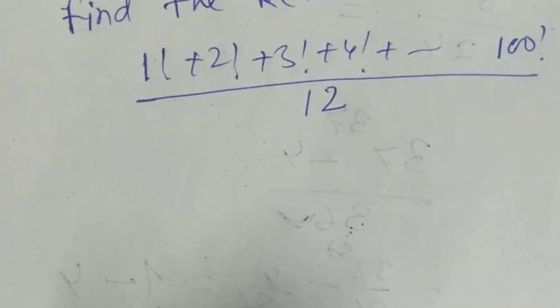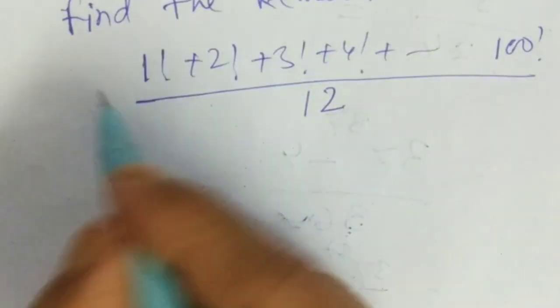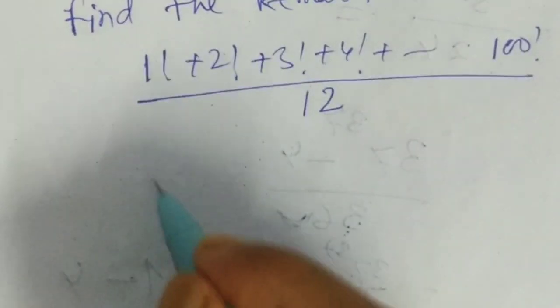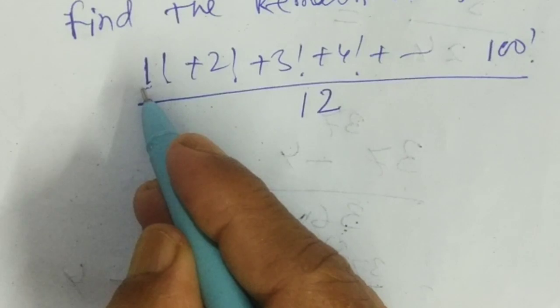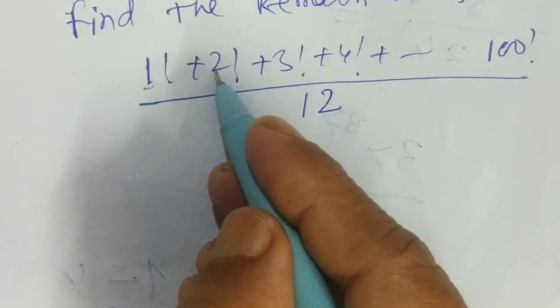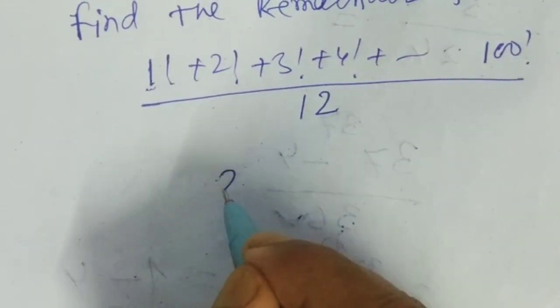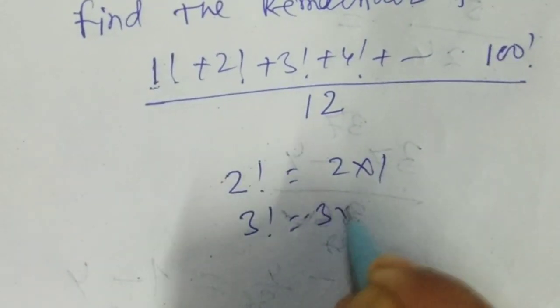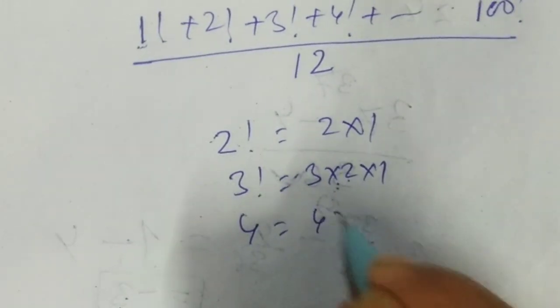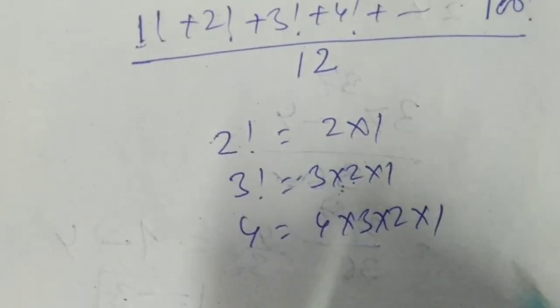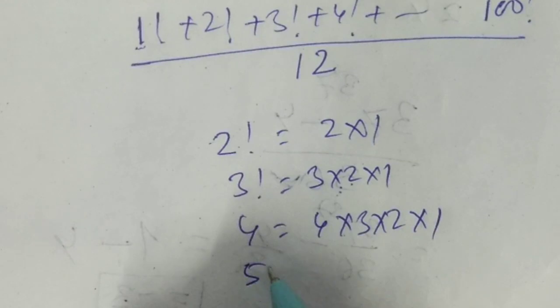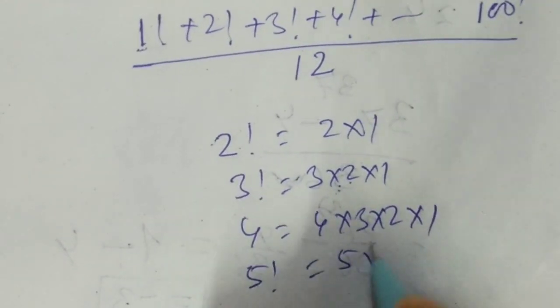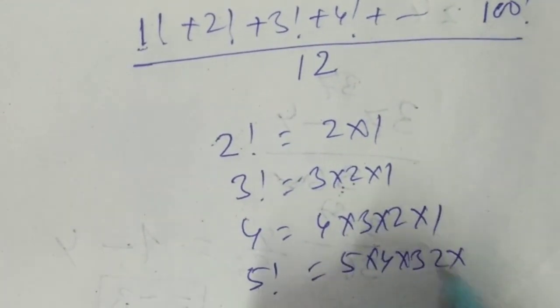What is the remainder? Then we can say this is 1 factorial. We know 2 factorial is 2 into 1 and 3 factorial is 3 into 2 into 1. We know 4 factorial is equal to 4 into 3 into 2 into 1. Like this way, 5 factorial means 5 into 4 into 3 into 2 into 1.